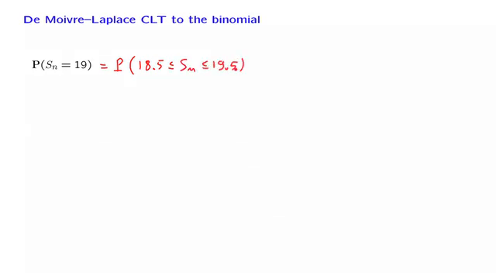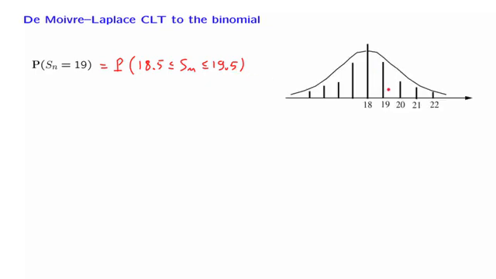In terms of the picture that we were discussing before, what we are doing essentially is to take the area under the normal PDF that extends from 18 and a half to 19 and a half and declare that this area corresponds to the discrete event that our binomial random variable takes a value of 19.